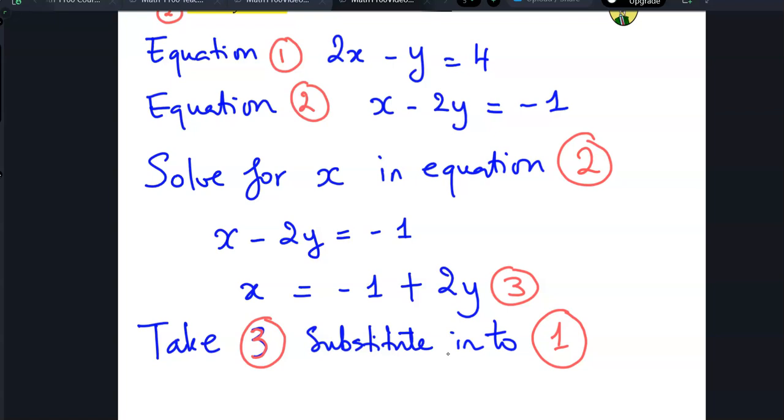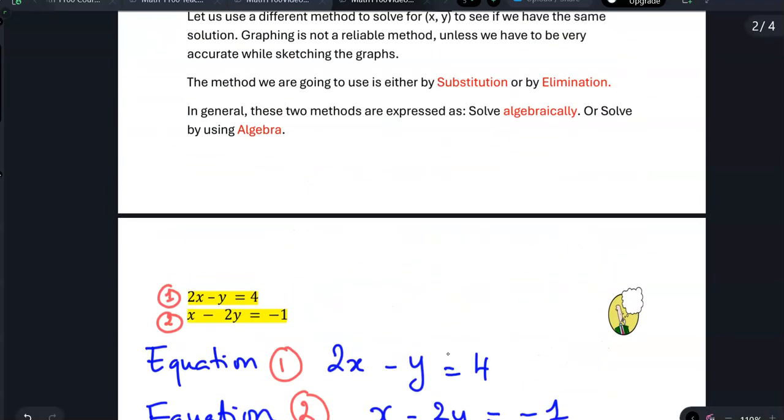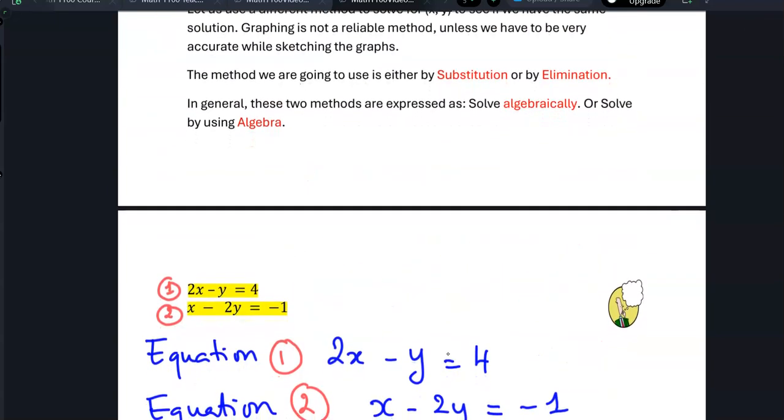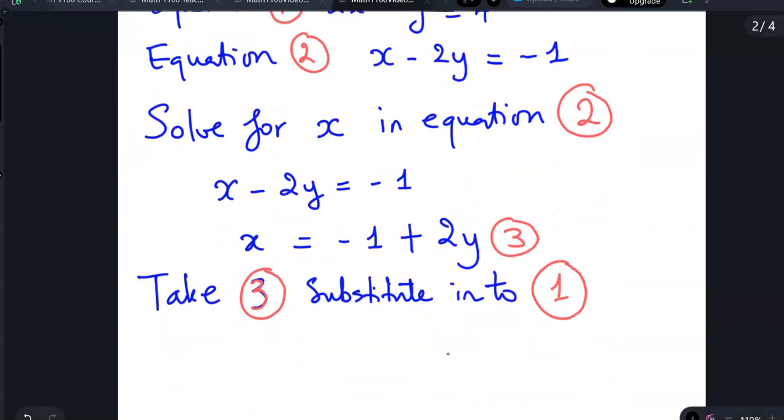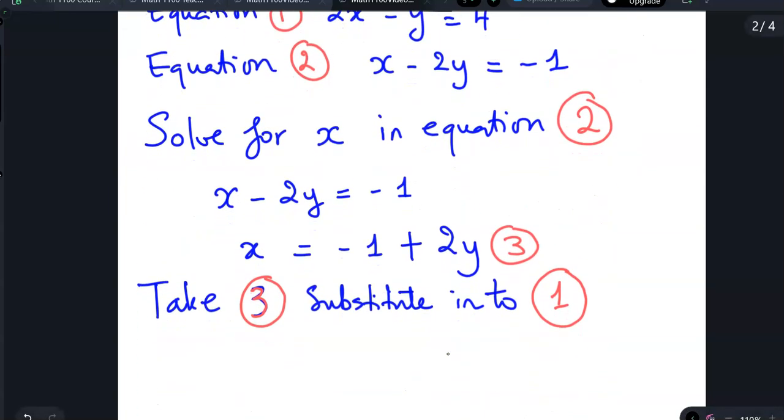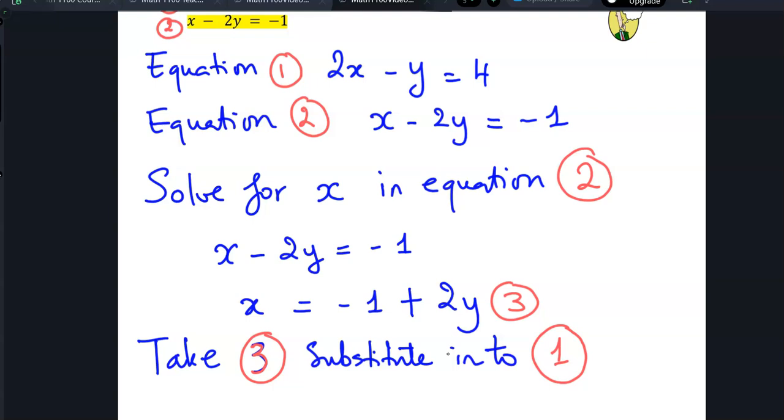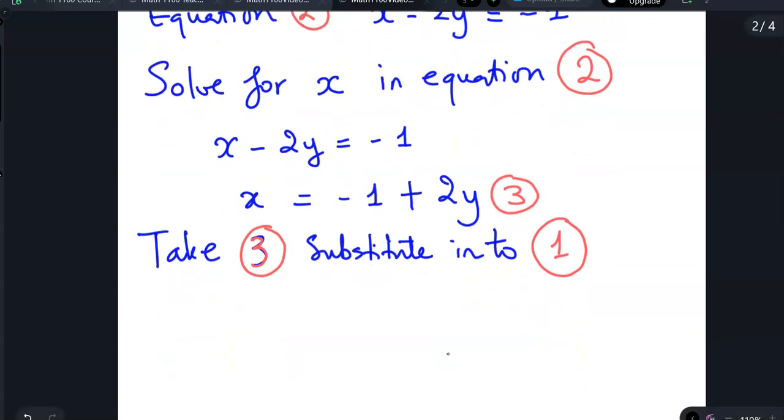When you substitute, you are going to use the substitution method. That is your substitution method: you pick one equation, you solve for one unknown, and you take that full equation and substitute it into the other one. So I take 3, substitute into 1.